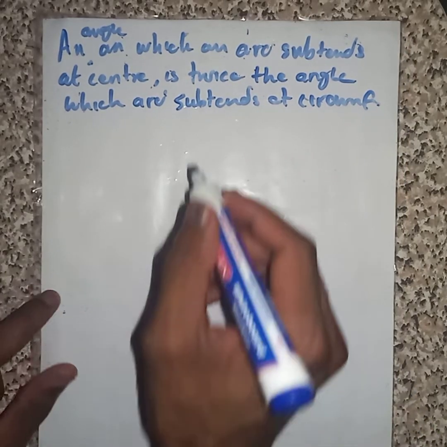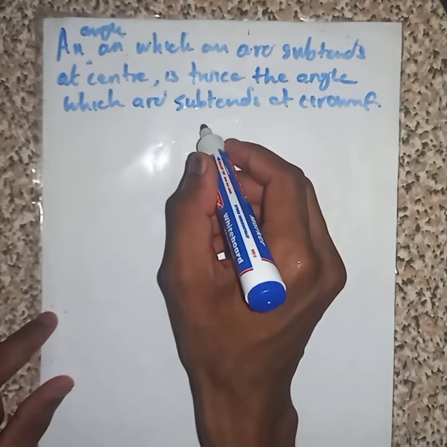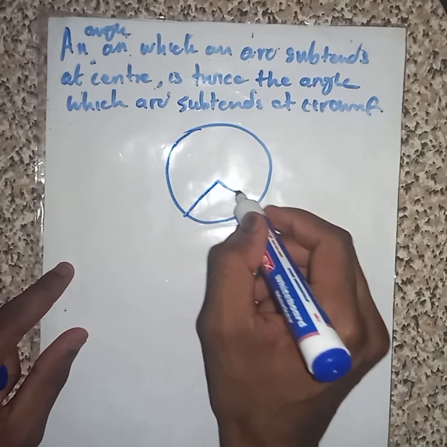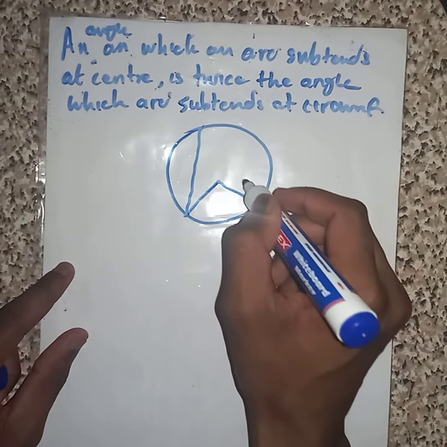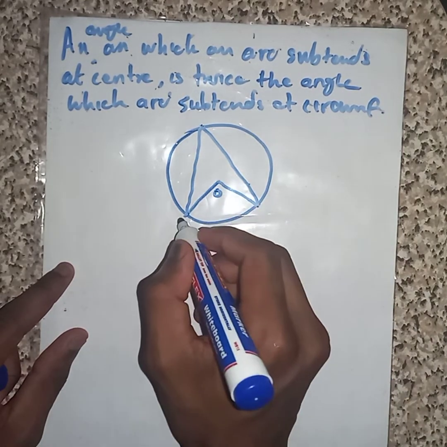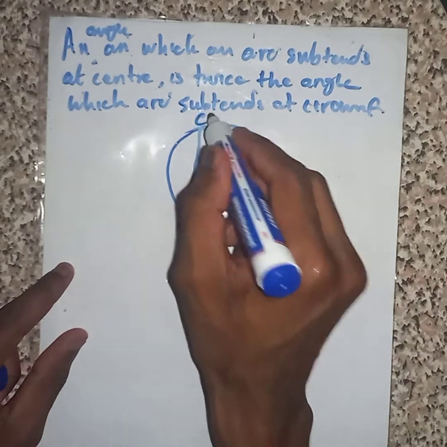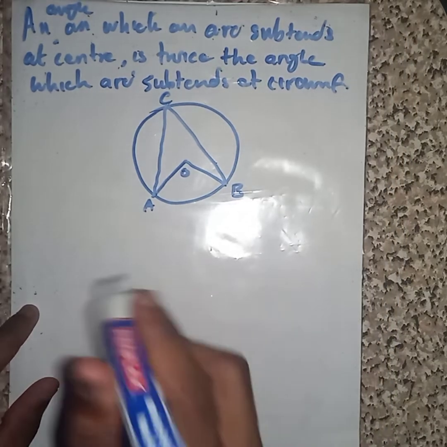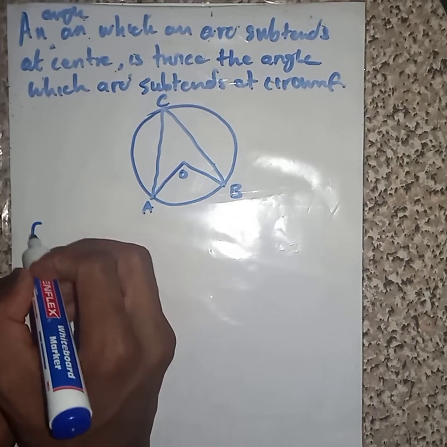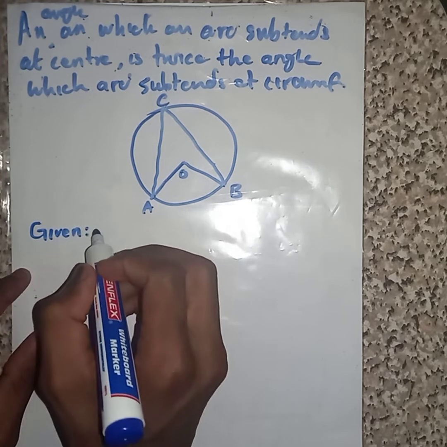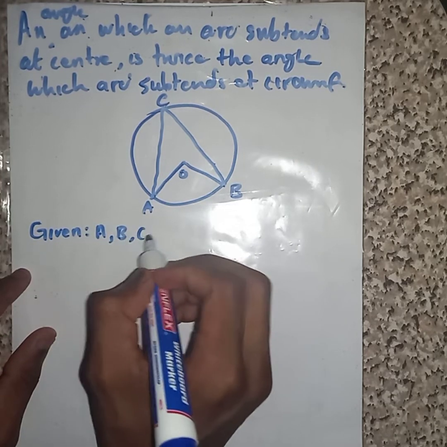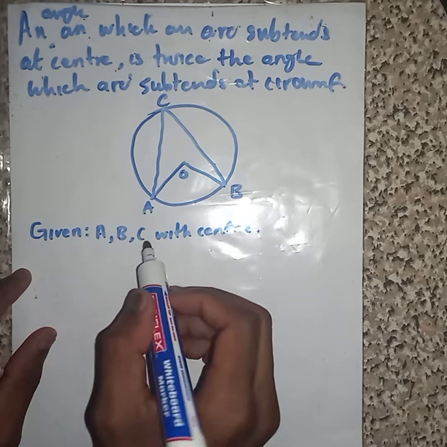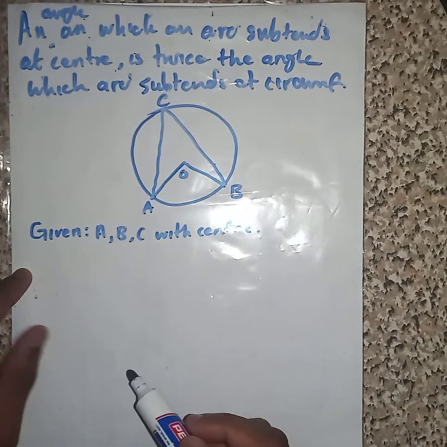Then they are going to give you a diagram which is something like this. Say we have O, A, B together with C there. Then our requirement is that they gave us A, B, C with center O. A, B, C are your points on the circumference.